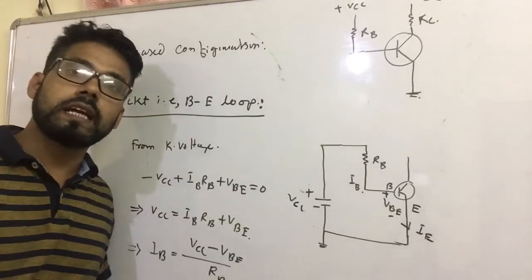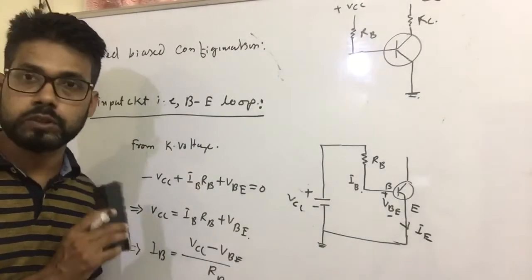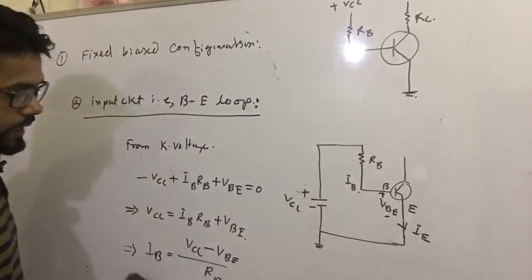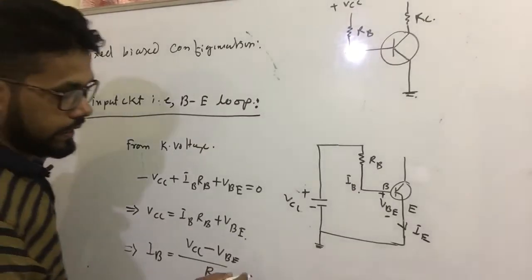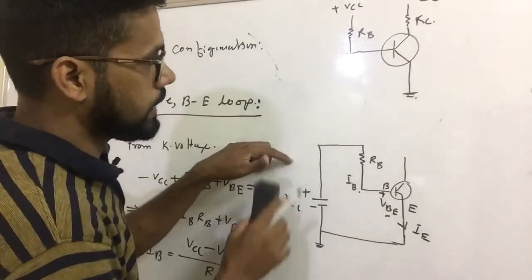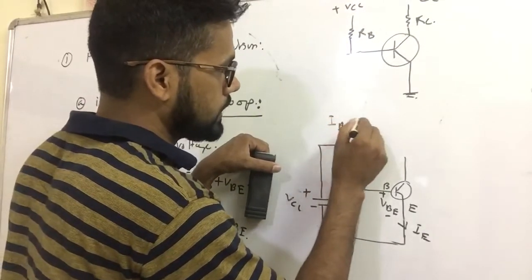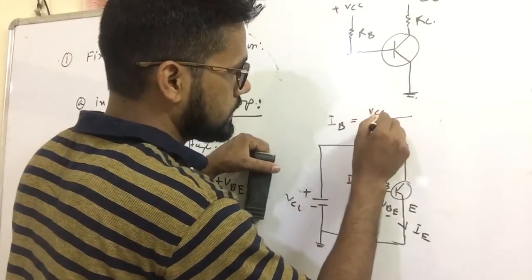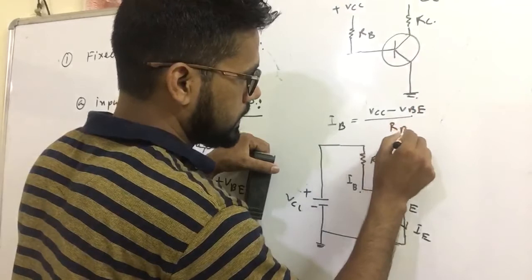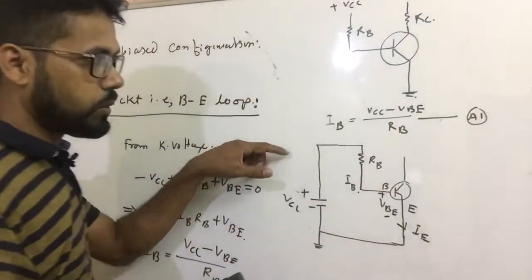It is not the internal input resistance of the circuit; we are giving it externally. This is the calculation in the input circuit. From this circuit I am getting the base current value IB equals VCC minus VBE over RB, equation number 1, from the input circuit loop.